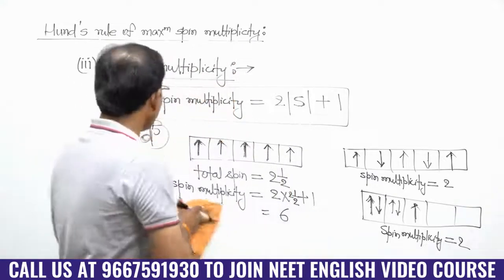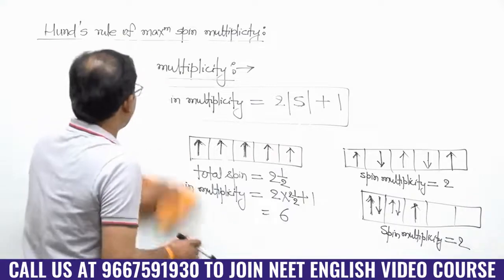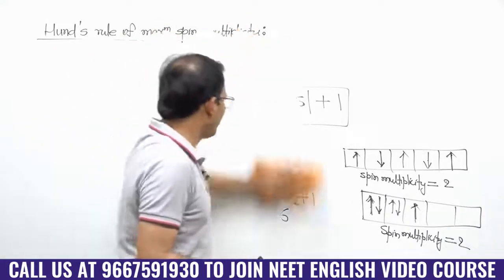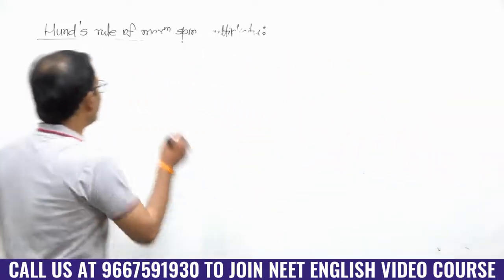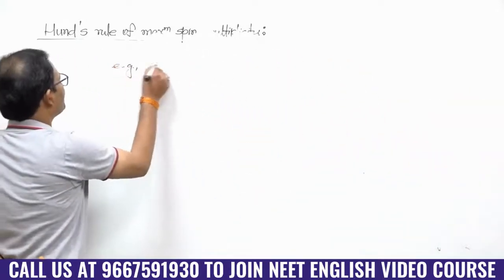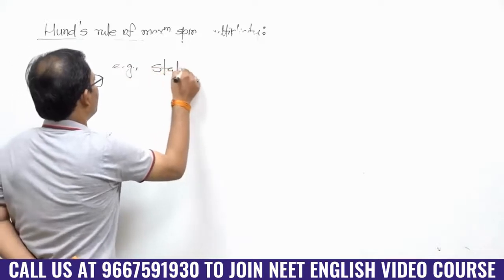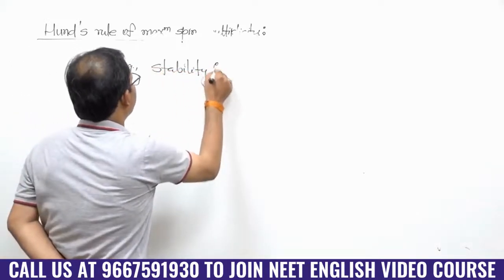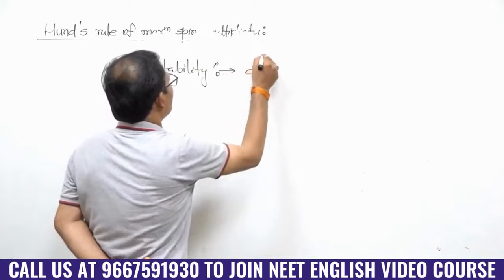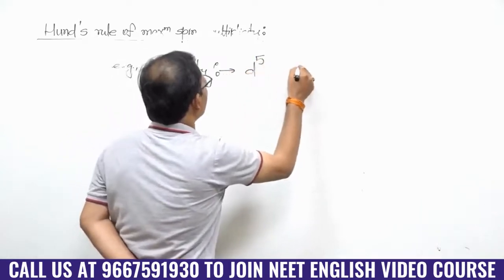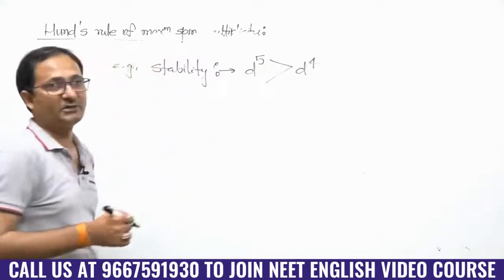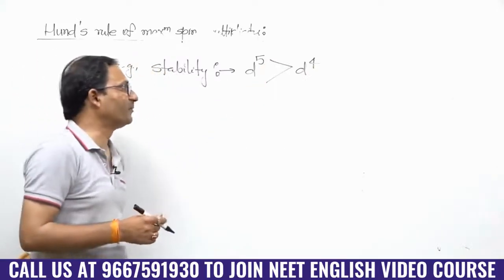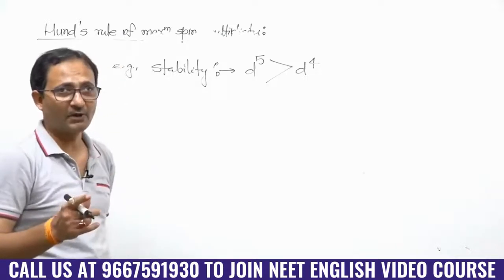Now arrange the stability of some subshells. For example, if I say the stability of d5 and d4, out of d5 and d4, which is more stable? d5 is more stable than d4.